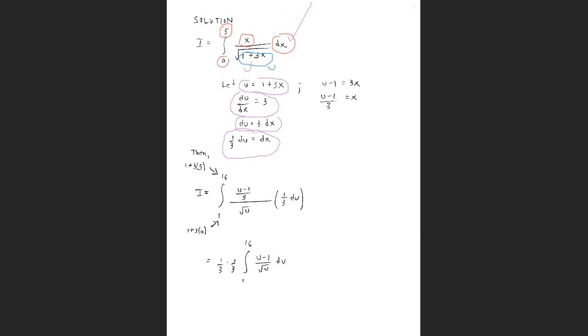And what's left is this x here. Since u equals 1 plus 3x, that means u minus 1 would equal 3x, and so x would equal u minus 1 over 3. And so now I have an expression for x also in terms of u. So this integral with respect to x would be equivalent to this integral here with respect to u.